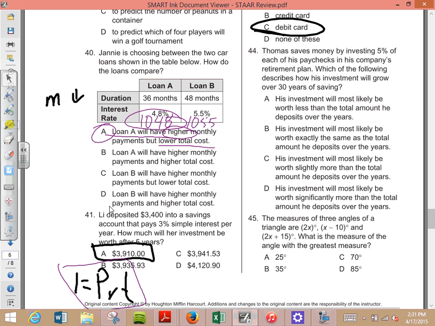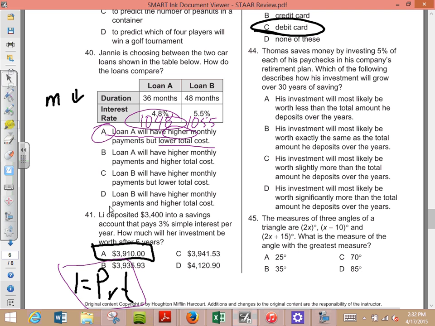Let's assume he put in $1,000, and the rate is 0.05, for 30 years. So 1,000 times 0.05 times 30 gives me 1,500. At the end of those 30 years, how much money do I have total? Plus the 1,000 that I deposited, so now I have 2,500.